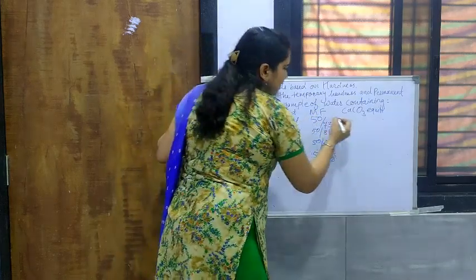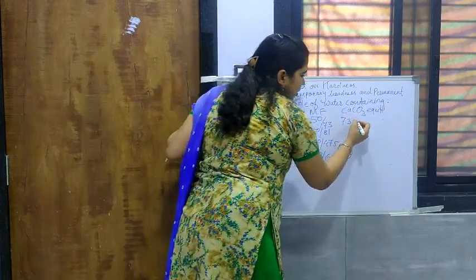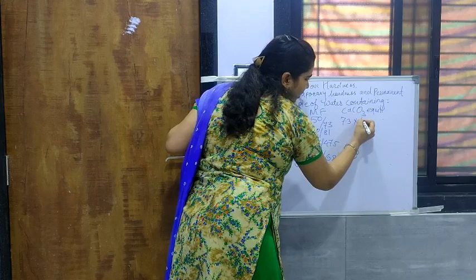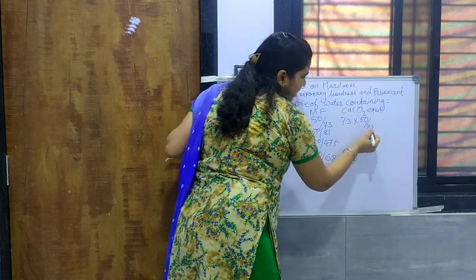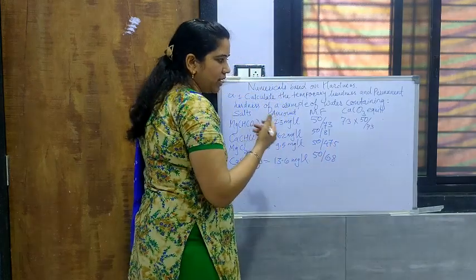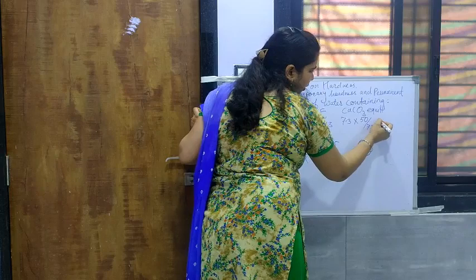So for CaCO3 equivalent, just consider 7.3, which is the amount given, into its multiplication factor 50 upon 73. So this 73 and 7.3 are one and the same, just with a difference of the decimal point.